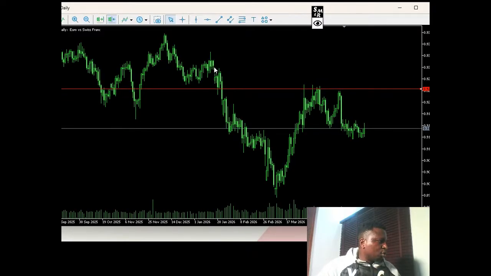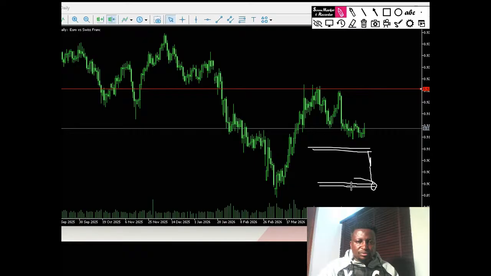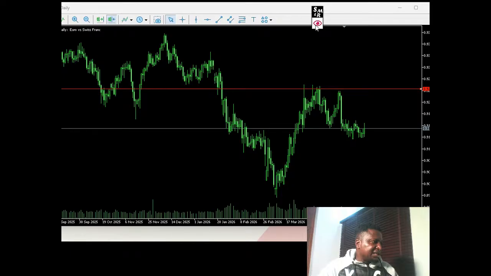So pay attention to key levels, because price will respect the next level. All things being equal, if price leaves a key level, so let's say we have two key levels here, if price leaves here, the next place it is coming to is here.